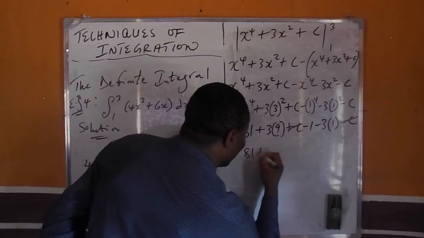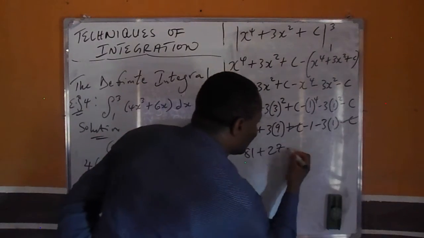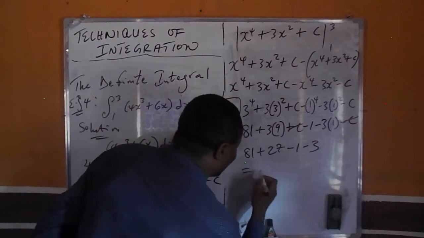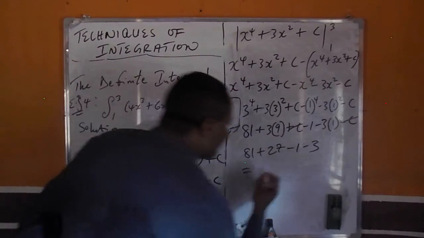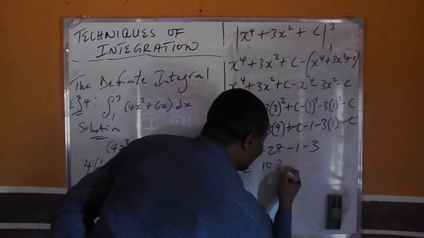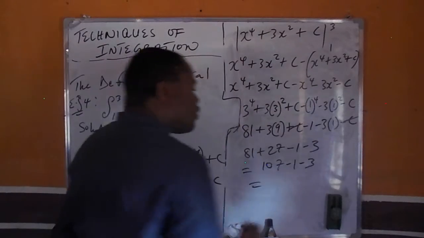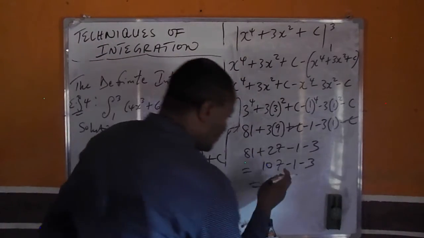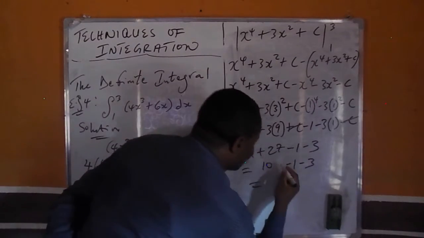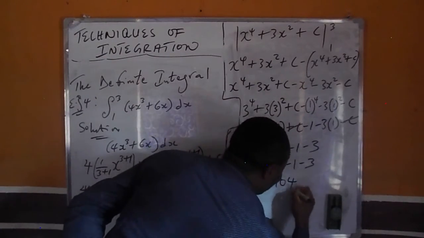We now have 81 plus 3 times 9, 27, minus 1, minus 3. So 81 plus 27 gives us, oh sorry, 108. 108 minus 1 minus 3 will give us 104.